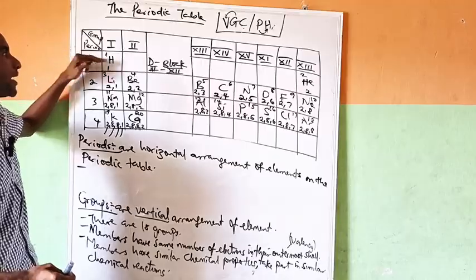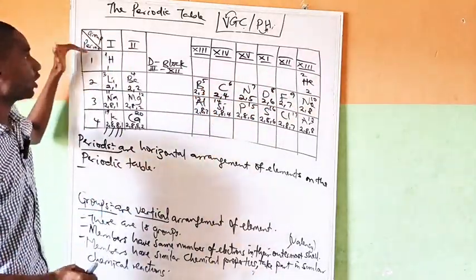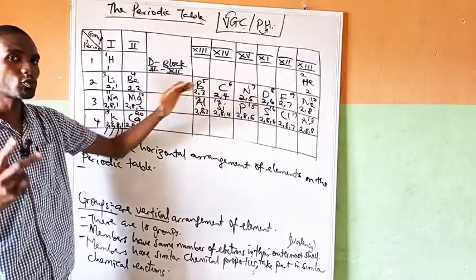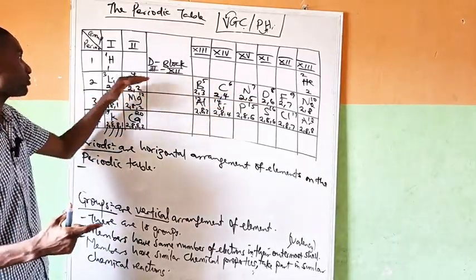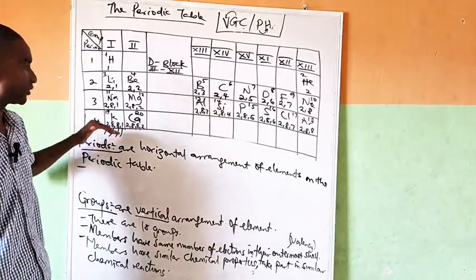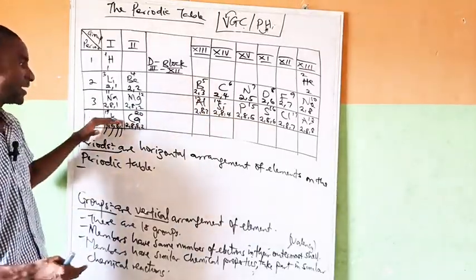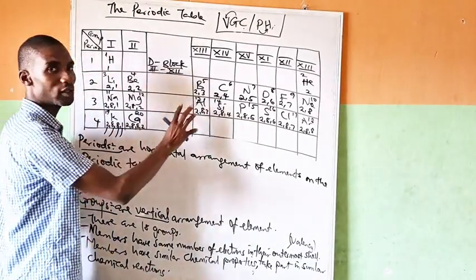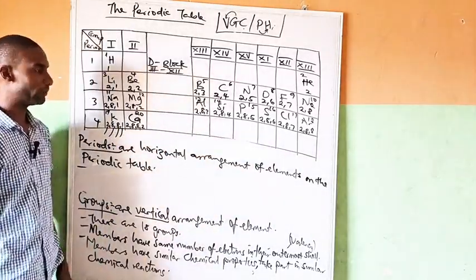In period 1, they just have one room, a 1-room apartment. These guys have 2 rooms each. These guys are big boys, so they have 3 rooms each, 3-bedroom flats. These guys are living larger than life. They are the biggest boys in the first 20 elements, so they have 4 rooms each.